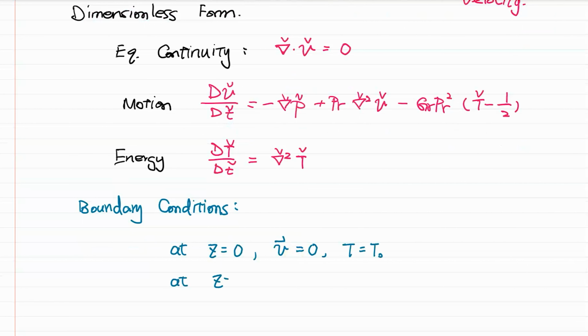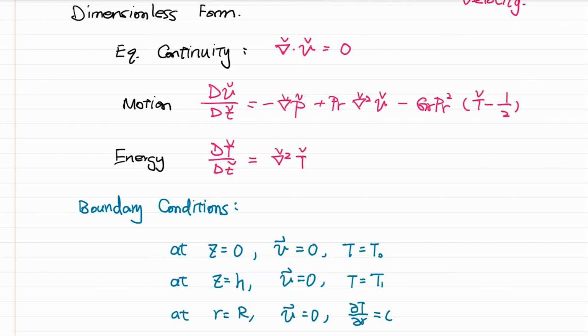At z equals h, we have the no-slip condition, T equals T1. And at r equals R, again we have the no-slip condition, and we have an insulating wall, so there's no heat flux at the boundary. So the partial derivative of temperature with respect to radius is 0.